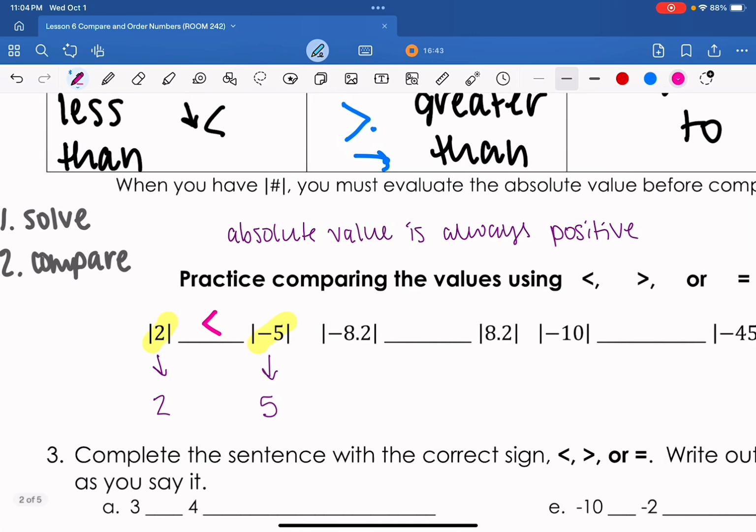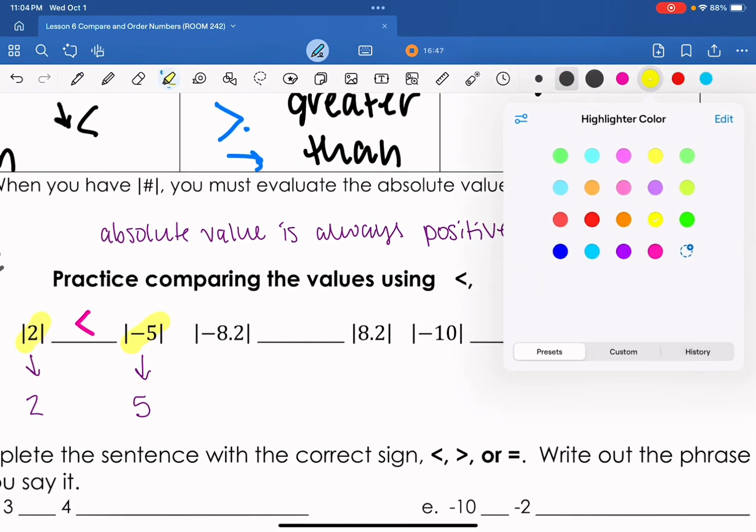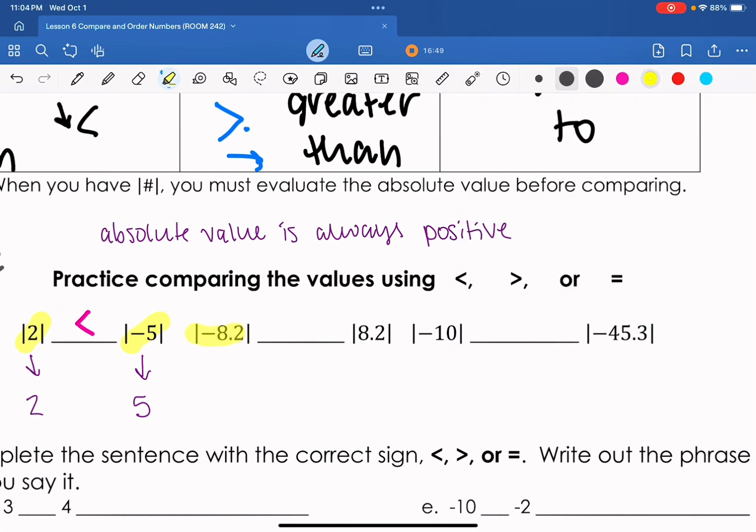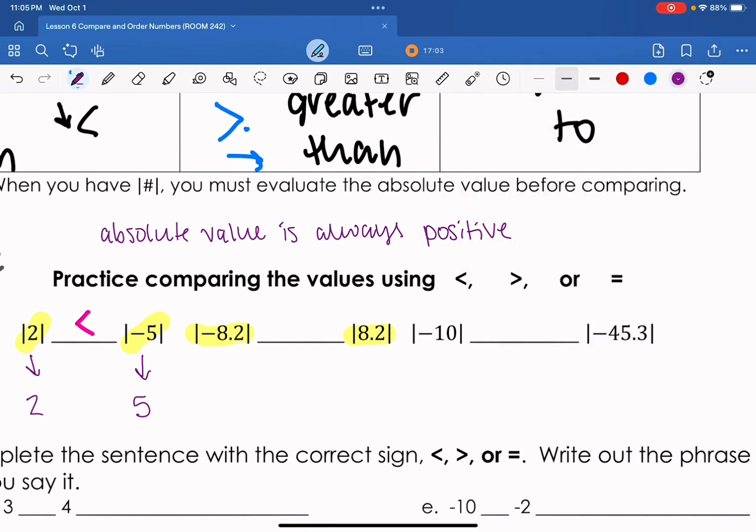Here we go. Let's move on to the next one. We have the absolute value of -8.2 and the absolute value of 8.2. Okay, so if I had my decimal number line, to get to -8.2, I'm going to move 8.2 units.